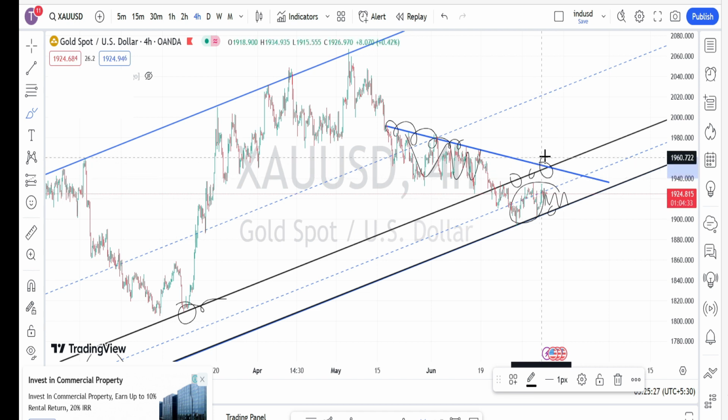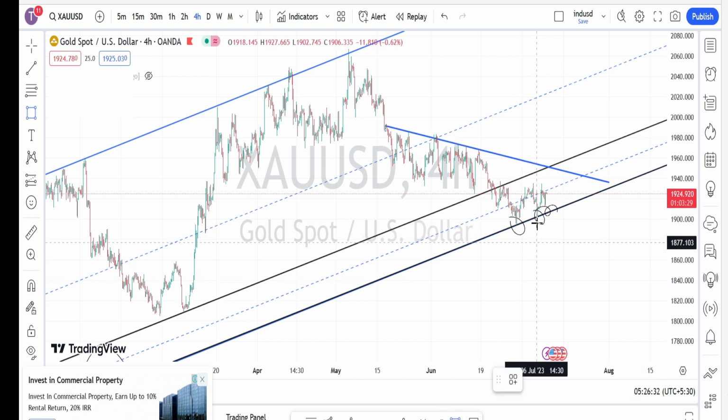The candlesticks has to break this resistance line with a very strong bullish candle in order to give the confirmation on the start of the bullish trend, or the price action has to break this lower support line of this bearish channel pattern with the very strong bearish candle in order to give the confirmation on the bearish trend continuation in 4 hours time frame.